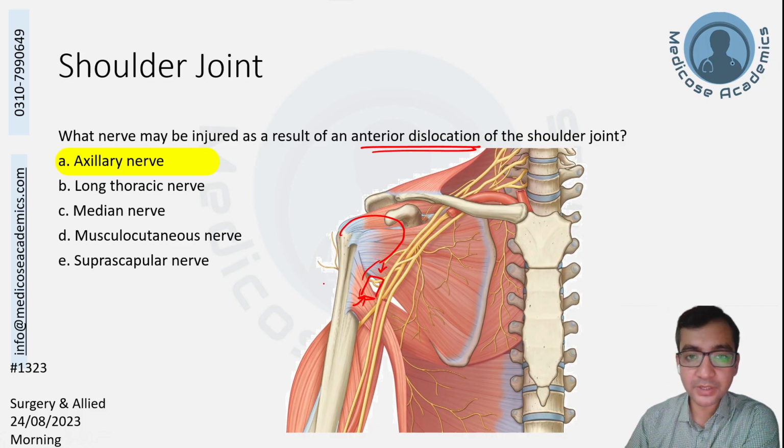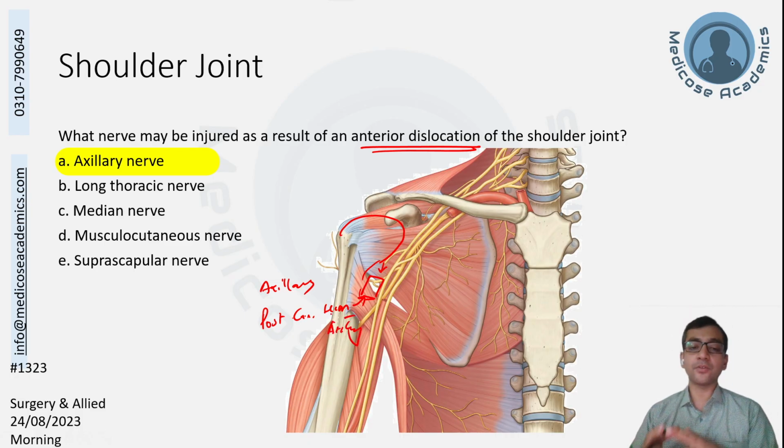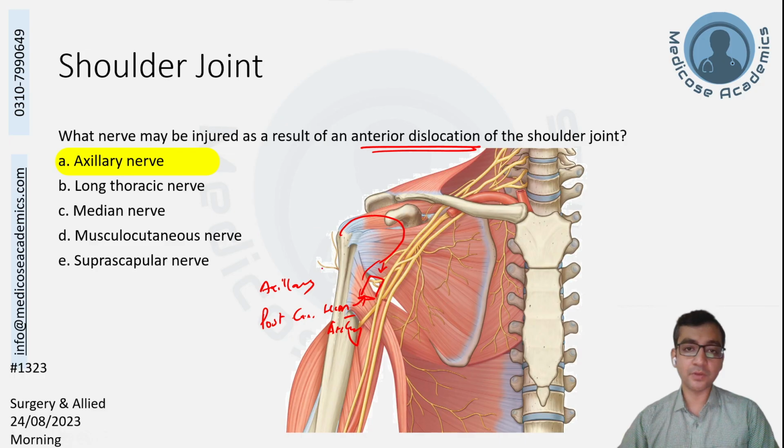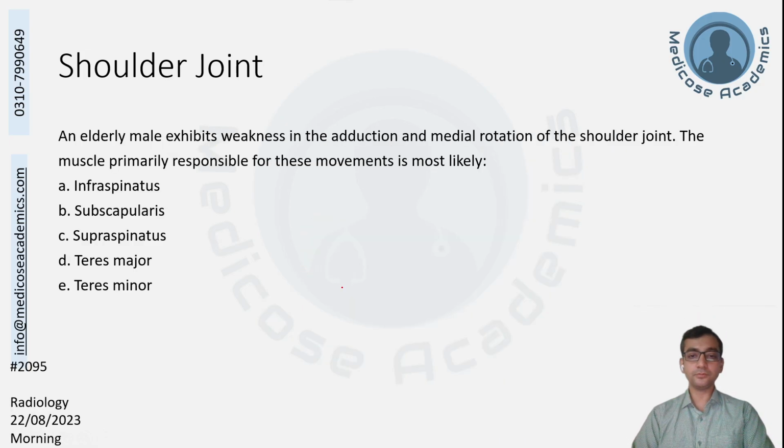The contents of this space include the axillary nerve and the posterior circumflex humeral artery. So this question can be asked in a variety of ways. Which nerve is lost, which artery is lost, which muscle is paralyzed, which area of skin innervation is lost. And by the way, the muscle will be deltoid and the area of skin will be the upper lateral aspect of the arm, as we discussed earlier in this video.